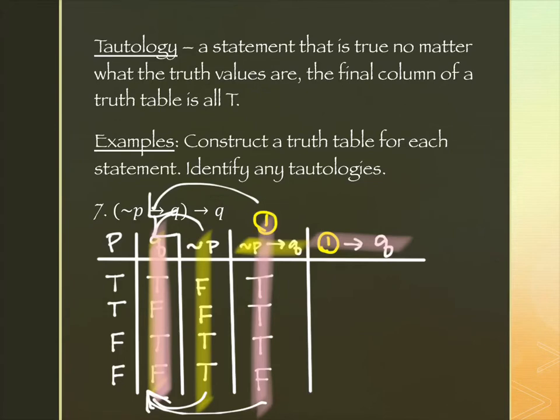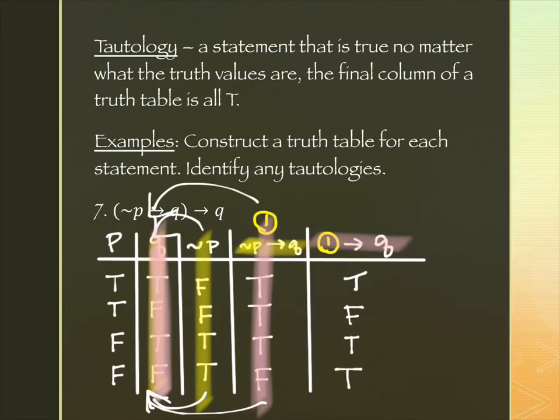True implies true is always true. The second one says true implies false. That one's false. The third one says true implies true. True. And the fourth one, false implies false. That's true. Well done.